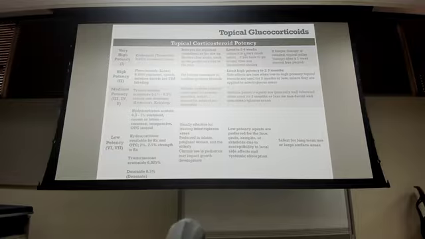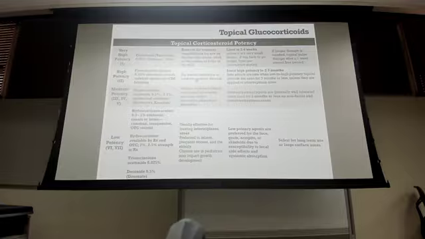Again, you already saw this, limiting it. Don't go over that 2 to 4 weeks. If you had to go over that 2 to 4 weeks, those drugs that we said are steroid sparing, you can do that, or you just have to make them take a break. You can use a lower potency potentially, and then you can put them back on it, right? So you're essentially pulse-dosing with your very high if you needed to.